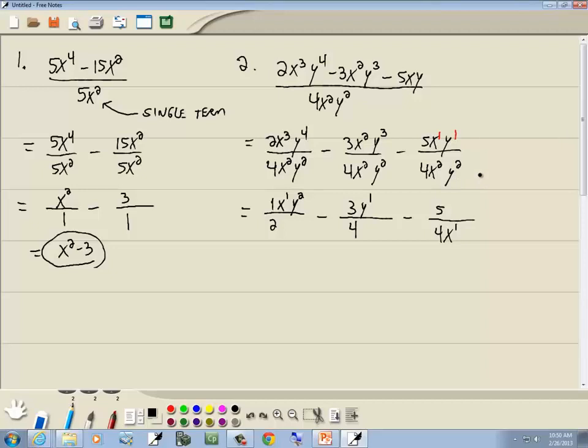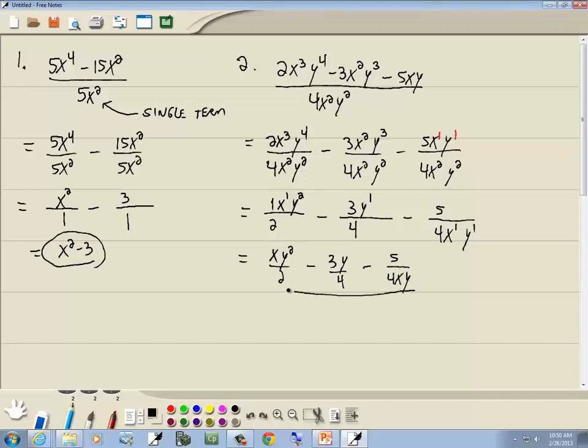Again, I subtract the smaller exponent from the larger one. 2 minus 1 gives us 1, and we have y to the first power where the larger one was, on the bottom. Which gives us x y squared over 2 minus 3y over 4 minus 5 over 4xy.